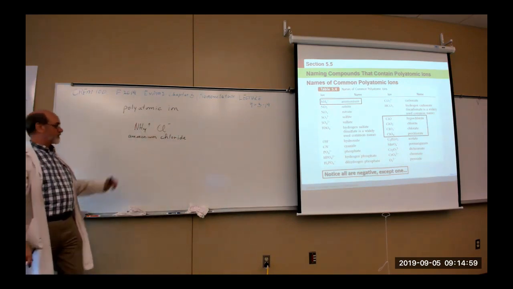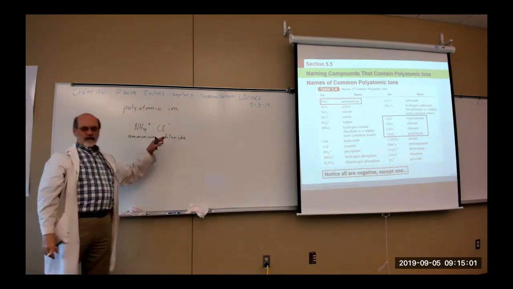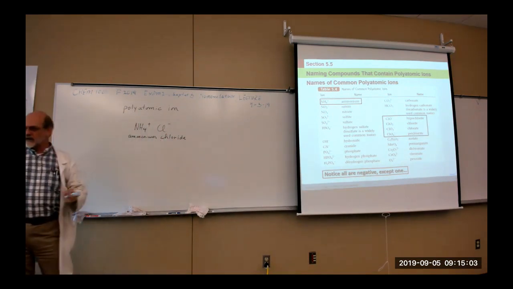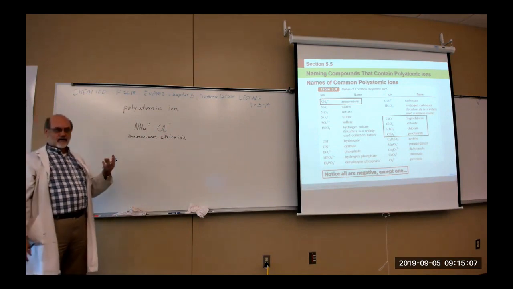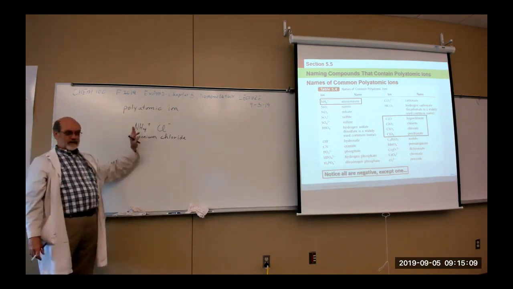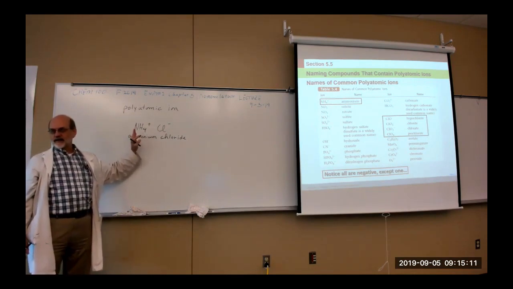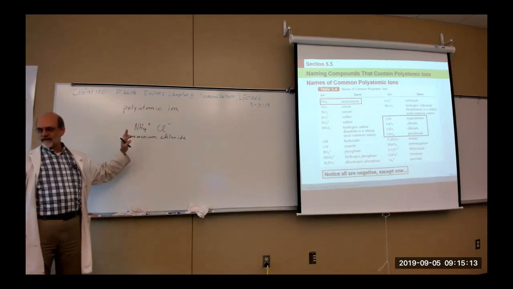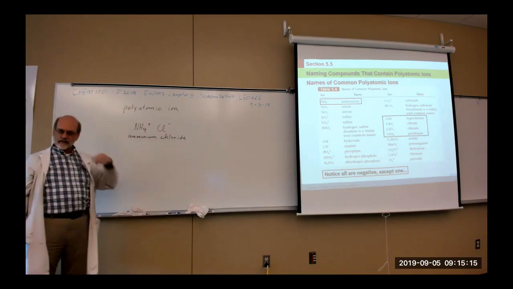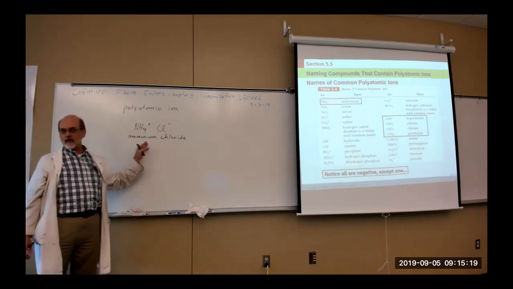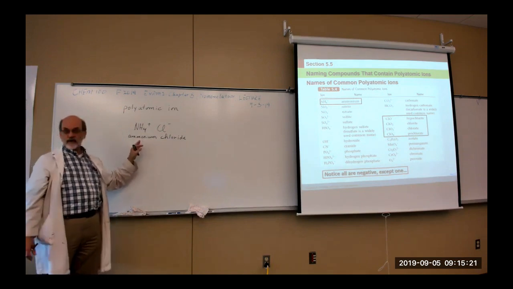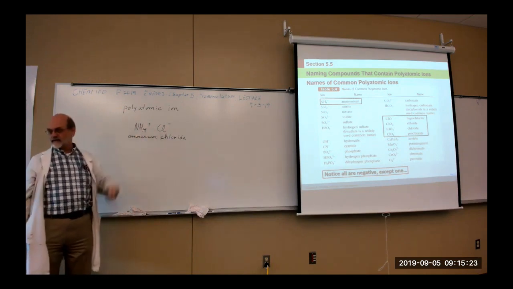Now, which one is that? Well, since it's a plus and a minus, it would either be a type 1 or a type 2 convention. It has to be a type 1 because it's a fixed charge. All the polyatomics are fixed charges. So if you have this in there, you would consider it a type 1 and just say ammonium chloride. You wouldn't have to say the charge, because when you say ammonium, it's always that.